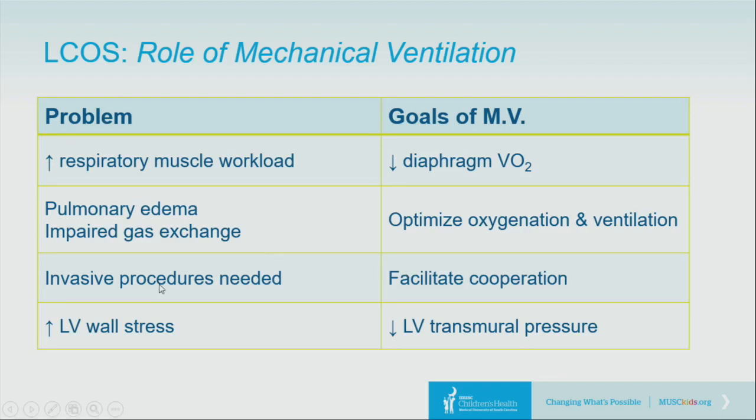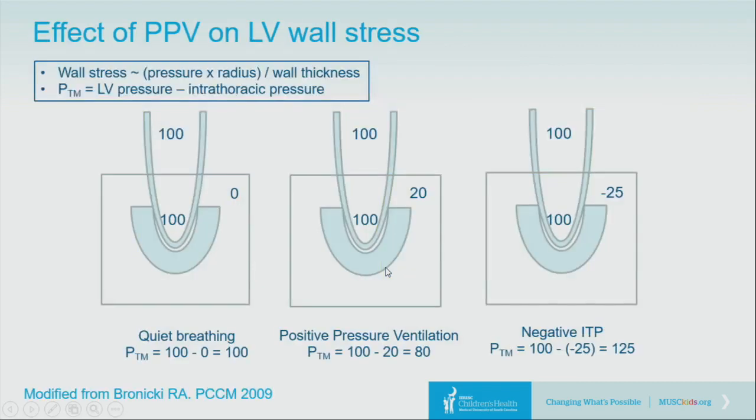And importantly, we're going to talk about this in a little bit more detail: if you've got elevated left ventricular wall stress, which you will have in low cardiac output states, mechanical ventilation and positive pressure can reduce your left ventricular transmural wall pressure. Wall stress is influenced by a number of factors.